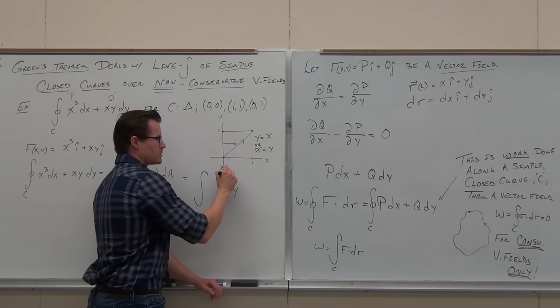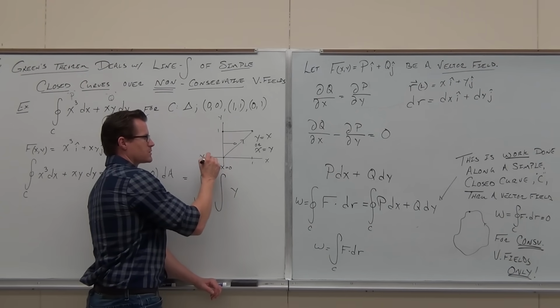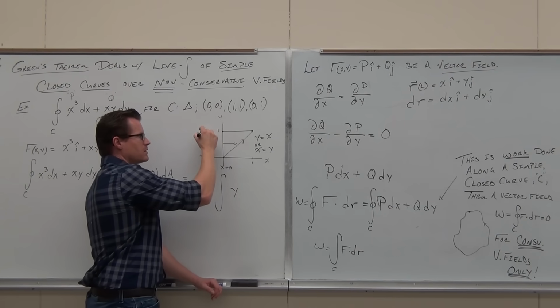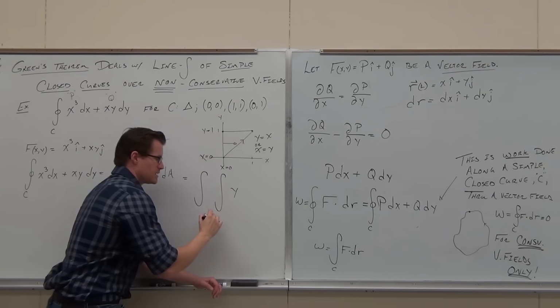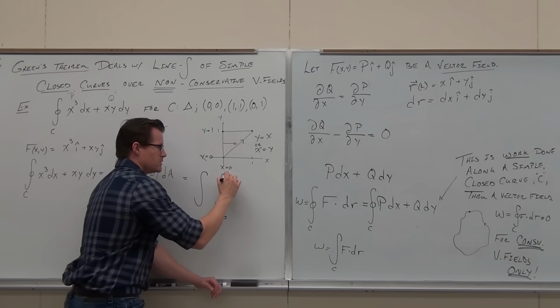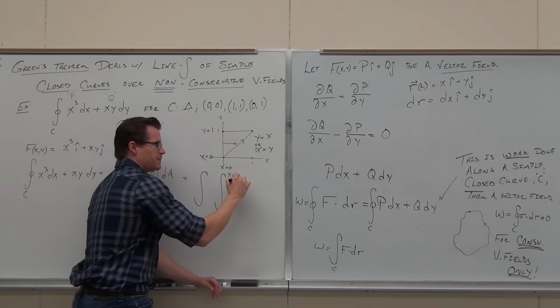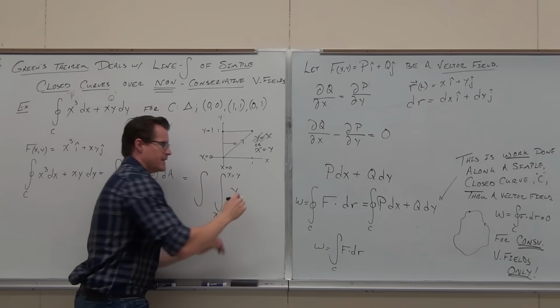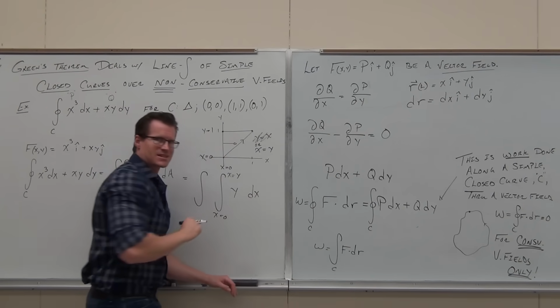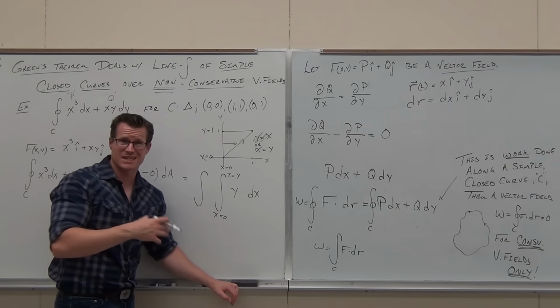This is x equals 0. This is y equals 0. This is y equals 1. I would go from x equals 0 to x equals y. I'd ignore this one. I want x, and that means I'm going to do dx. Is this ringing a bell for you? I don't have time to reteach double integrals.